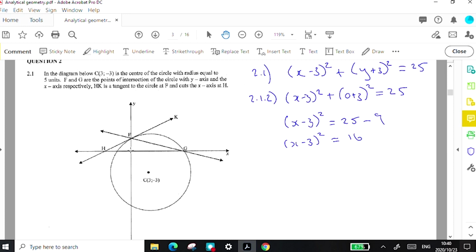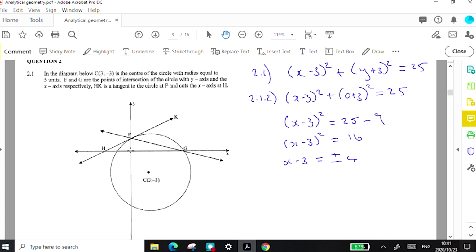If we take the square root of both sides, we have x minus 3 is equal to plus or minus 4. So x minus 3 can either be positive 4 or it can be negative 4.